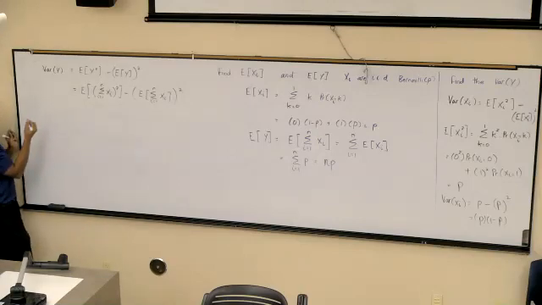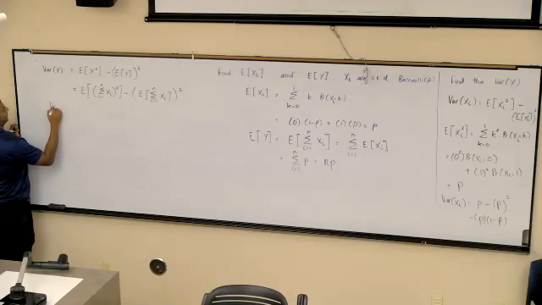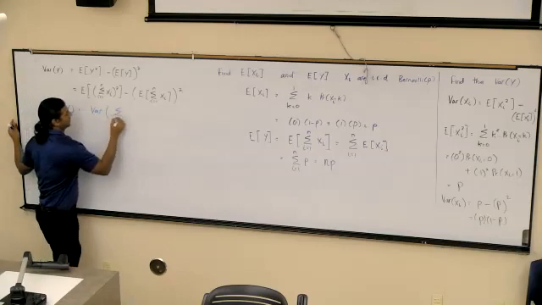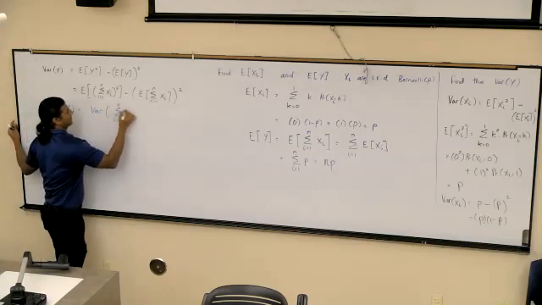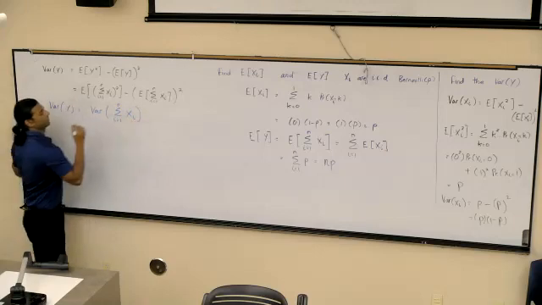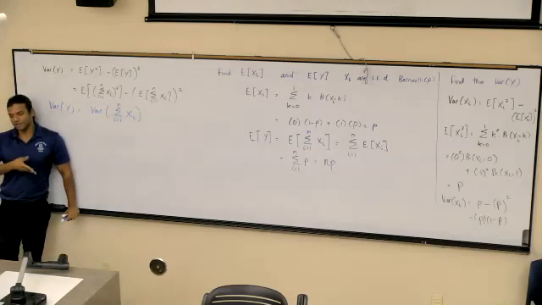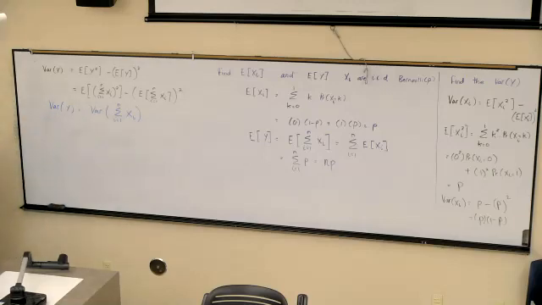I gave you a hint. The variance of y is equal to the variance of the sum i equals 1 to n of xi. The very last property of variance that we ended with last time.